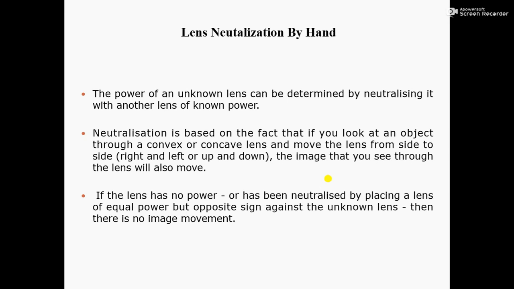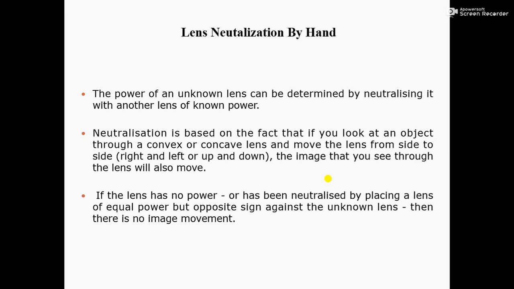If the lens has no power, or has been neutralized by placing a lens of equal power but opposite sign against the unknown lens, then there is no image movement.